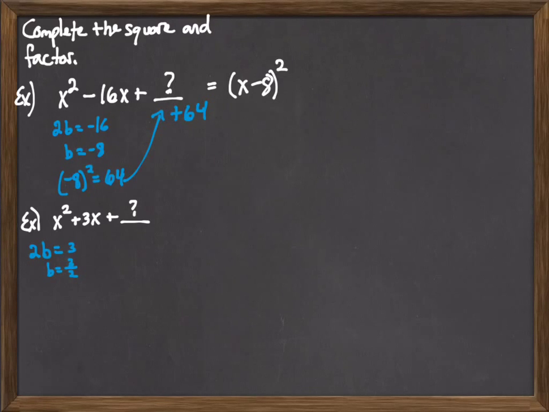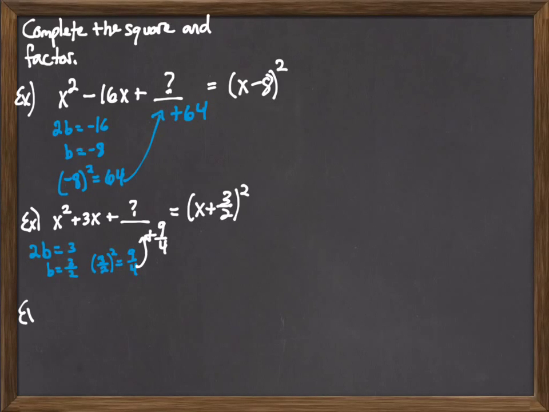Well, we can square the fraction 3/2 just the same as we can square the number negative 8. So 3/2 squared would be 3 times 3 would be 9. 2 times 2 would be 4. That's what we're going to put there. And again, once we've done that, we can factor it as x plus 3/2 squared.